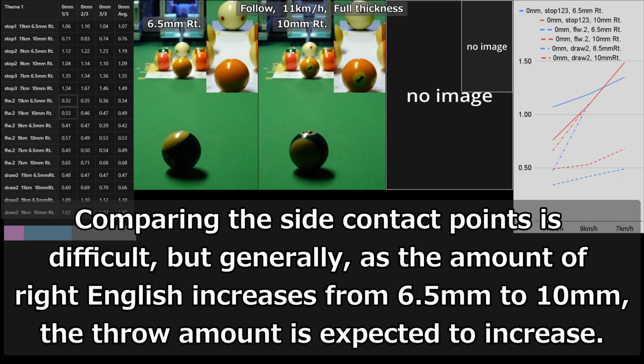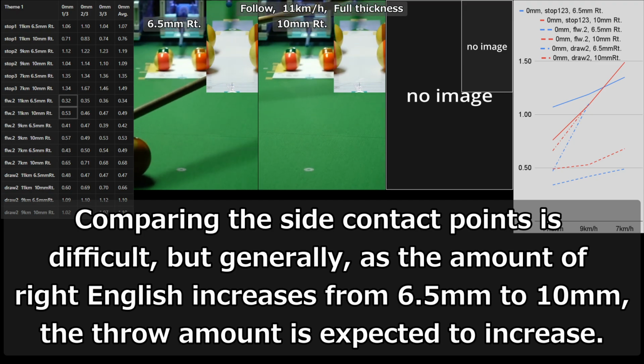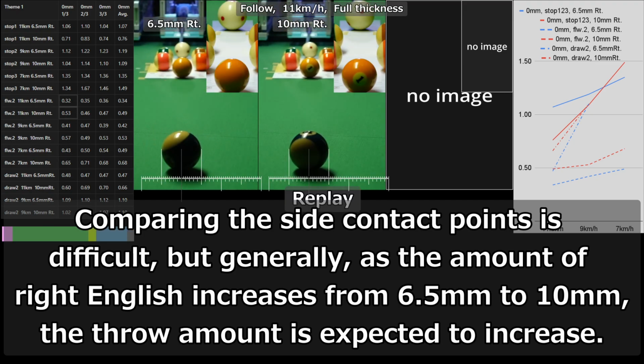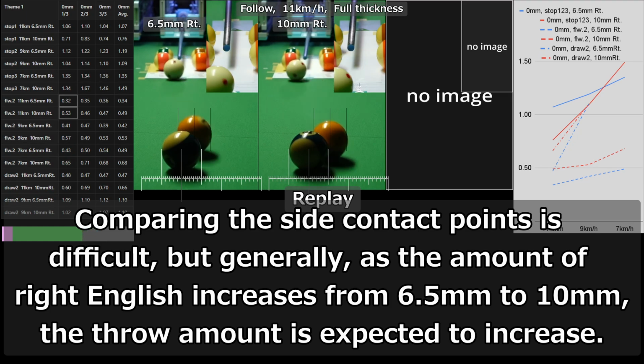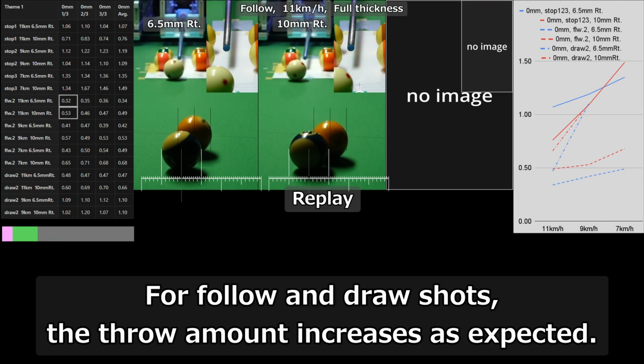Comparing the side contact points is difficult, but generally, as the amount of right English increases from 6.5 mm to 10 mm, the throw amount is expected to increase. For follow and draw shots, the throw amount increases as expected.